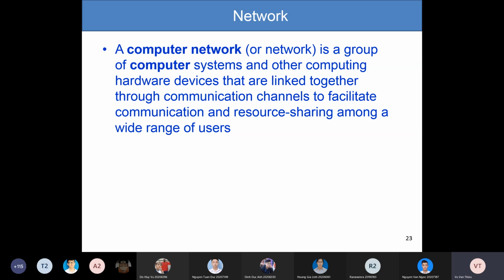computer network is used to communicate information or share resources, share data. So when we talk about a computer network, the first, it is a collection or group of computers and other devices. The second, they are connected together using some channel, and the third, it is used to communicate or share data, resources, or whatever.